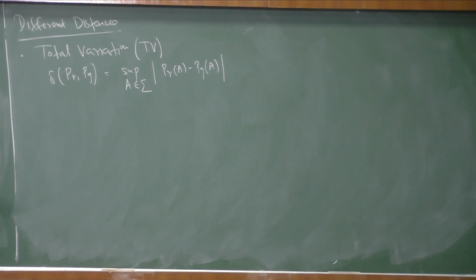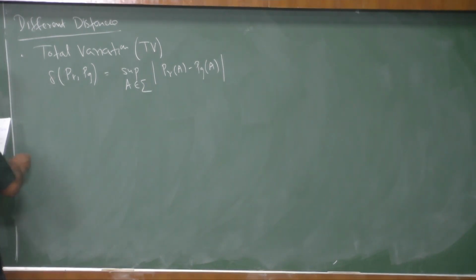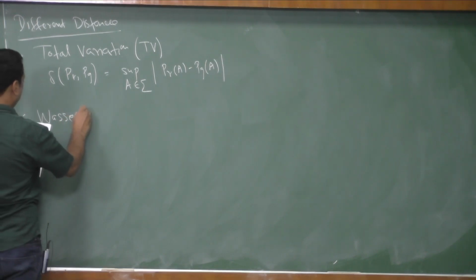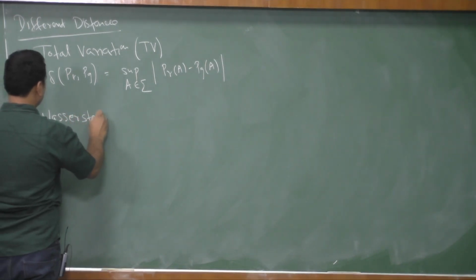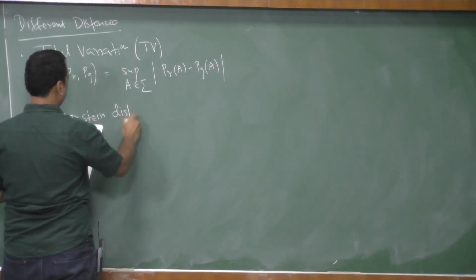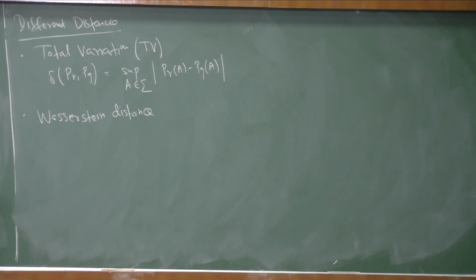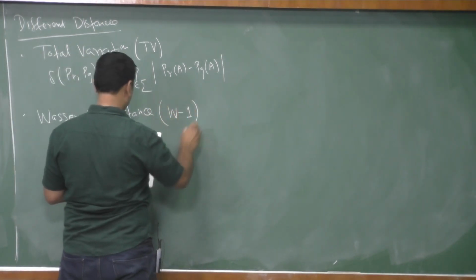We have seen KL divergence, and let us directly define the Wasserstein distance. We will focus on Wasserstein 1, just like the Lp norm we can have the Wasserstein p distance as well, but in our case we will focus on, let us say, W1.